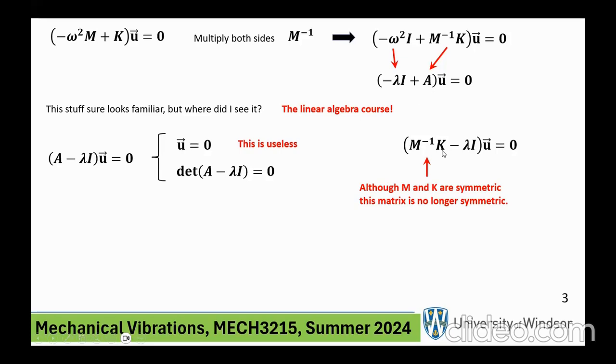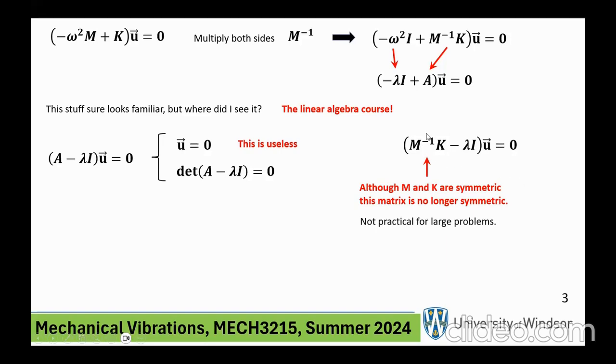But in principle, we don't care. This is an eigenvalue problem, and you have M, you have K, therefore you have this matrix A, and you can solve this determinant equal to 0 and find the eigenvalues.